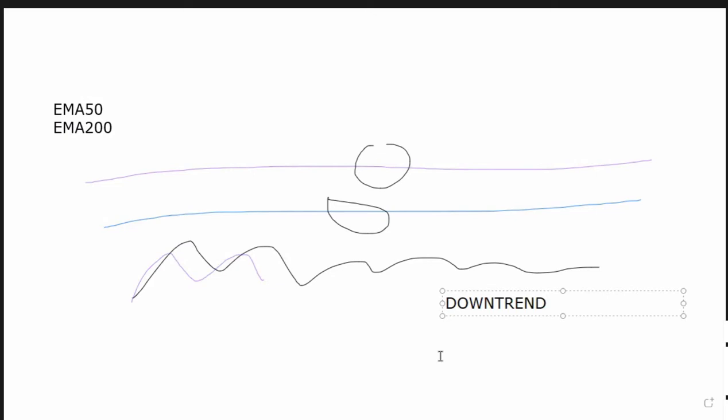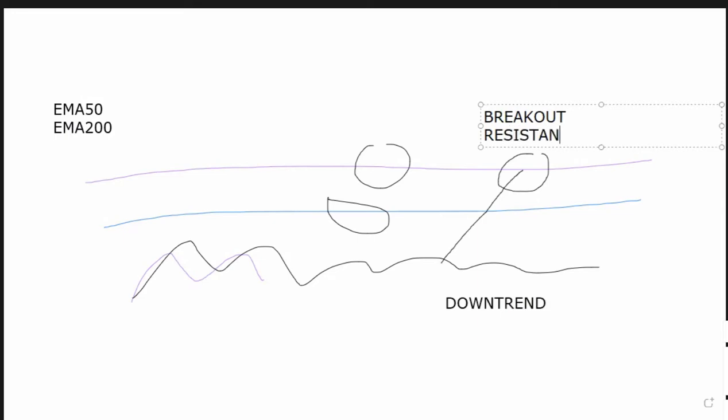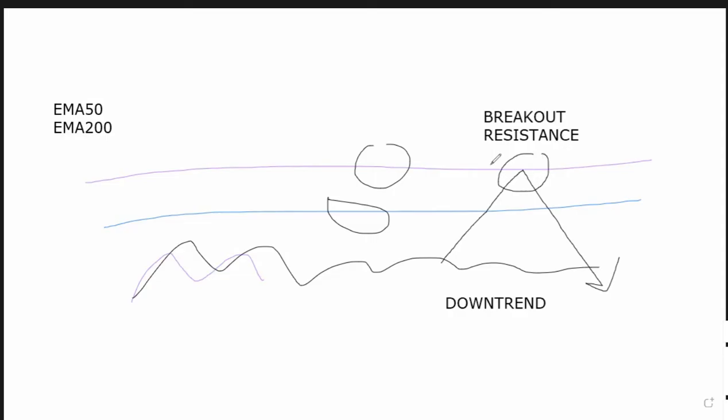If the price moves up, you need to notice this area, whether there's a breakout of the resistance. If there's no breakout, the price will eventually come back down. You take this as your guide: the EMA is the resistance.